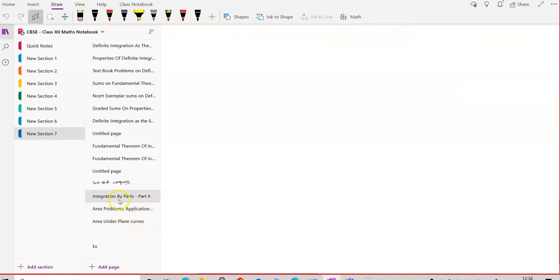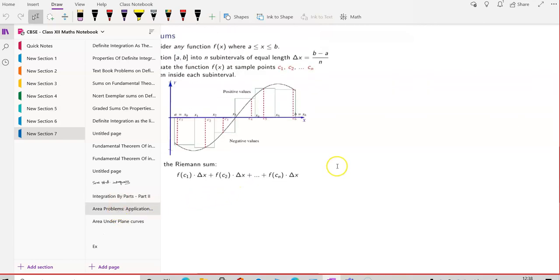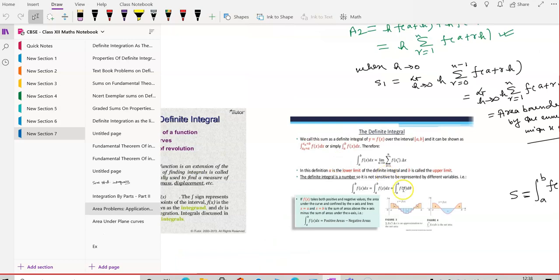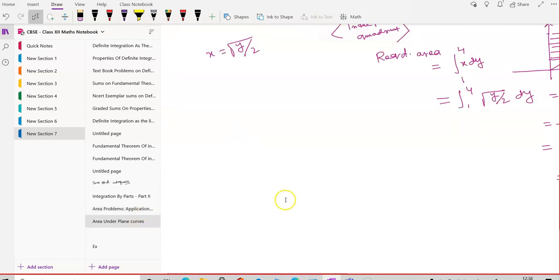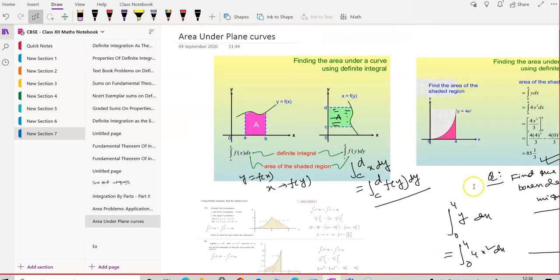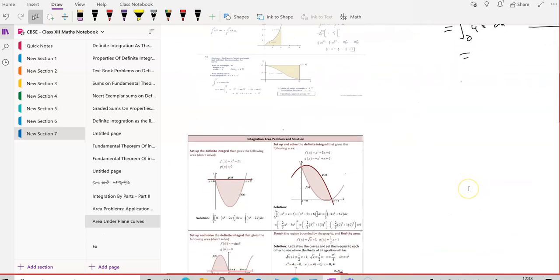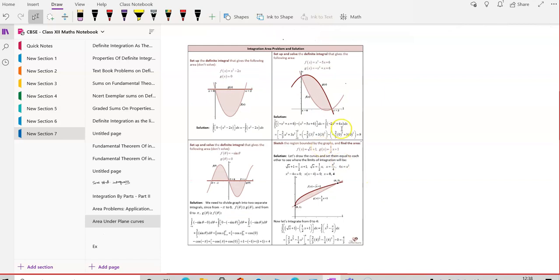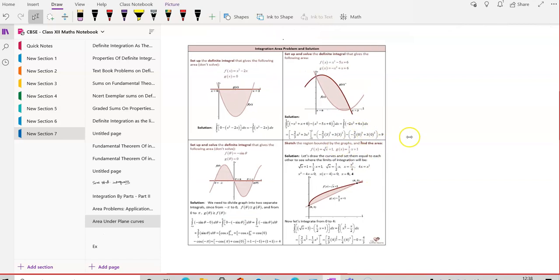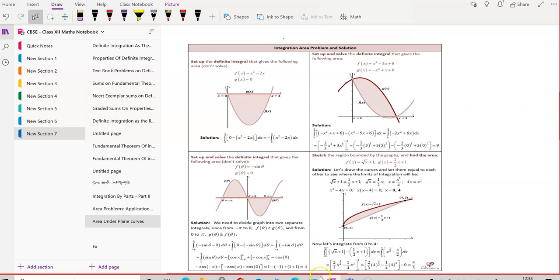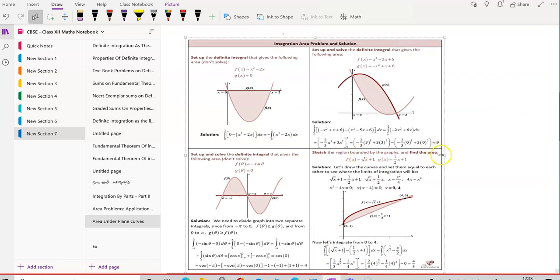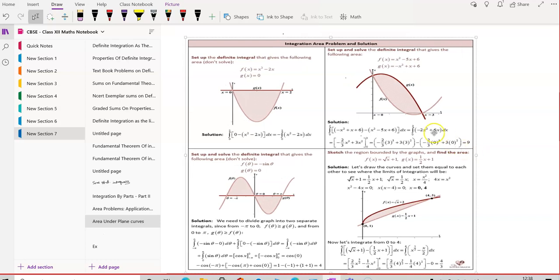I'm taking this example for you, say this thing. Just look at the diagram. I'm going to explain this part. Then I'll tell you to solve the easiest sum. First you understand the logic here. Here there are two curves.